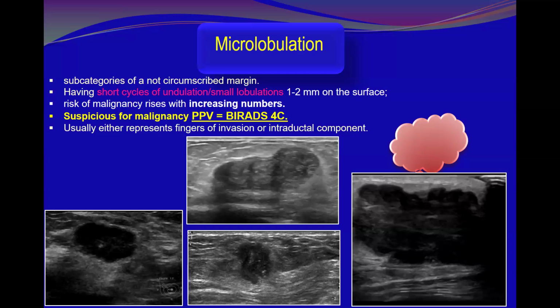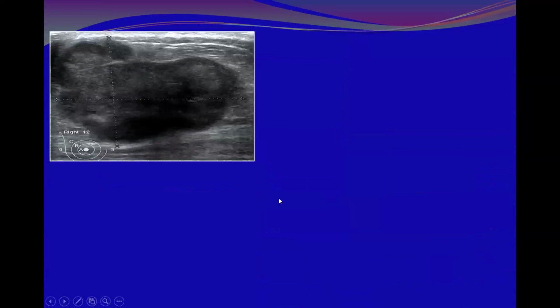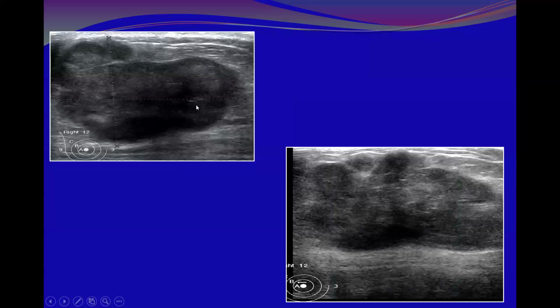We have to differentiate it from macrolobulations, as in this fibroadenoma. Okay, this is my patient. From the first glance here, it gave the impression that this is macrolobulations, okay, and probably it is a fibroadenoma, but the lesion is not homogeneous and the margins are not so clear.